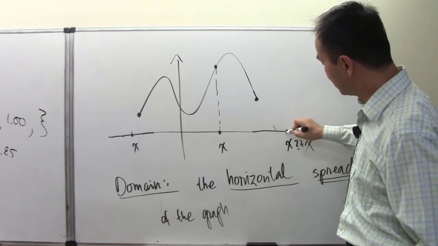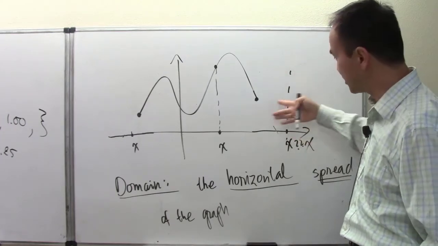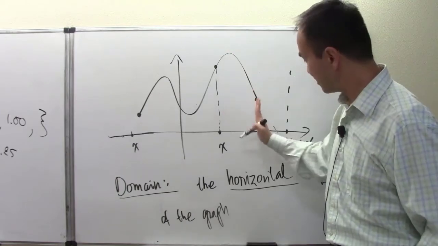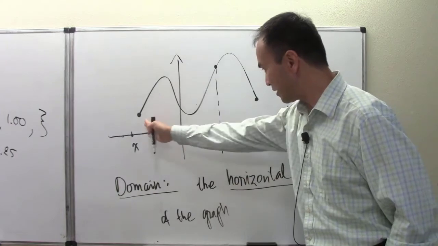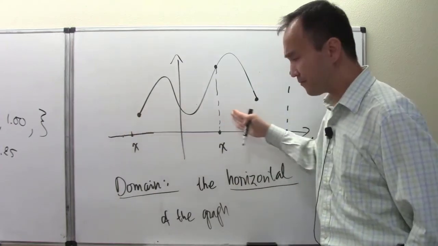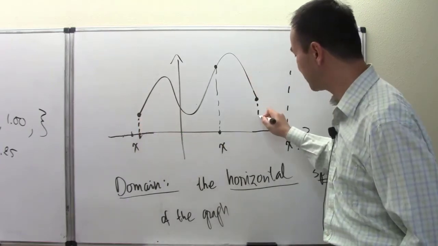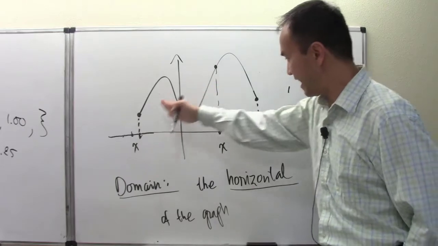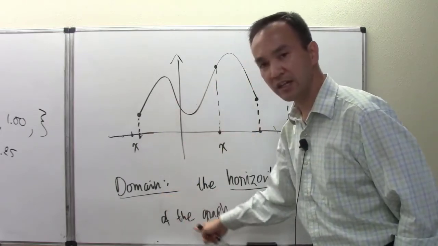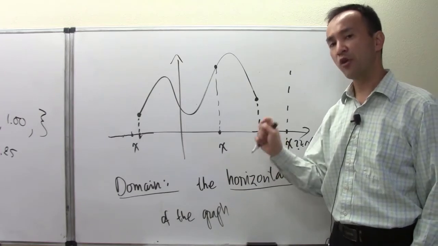With that input, this vertical line of mine does not hit the graph anywhere because the graph stops right here. And that's the idea. In other words, the way I'm seeing it horizontally, this graph starts only somewhere about here and stops about here. So this is the horizontal spread of the graph, and that represents the domain of the function, the domain of this function represented graphically.